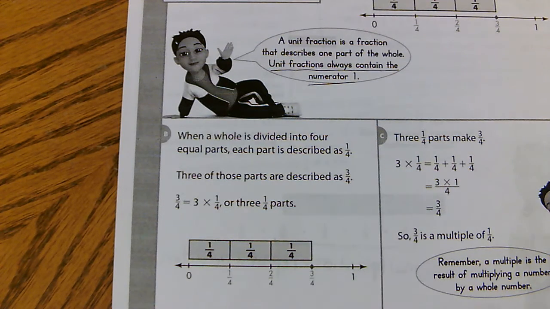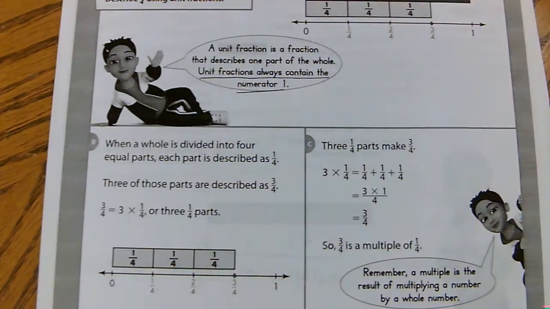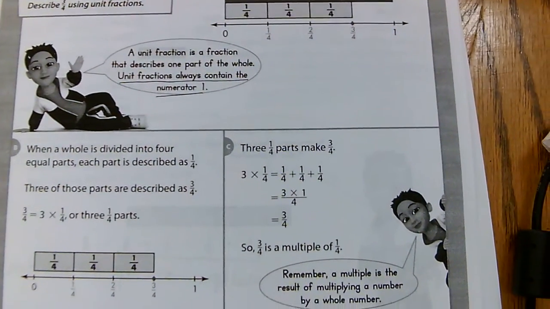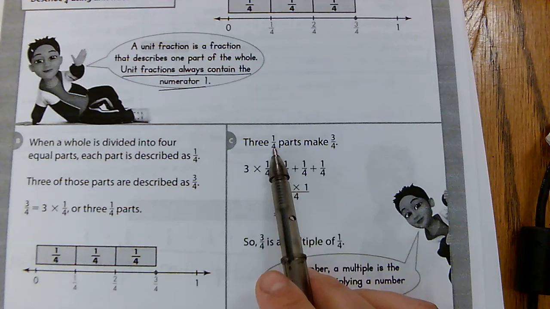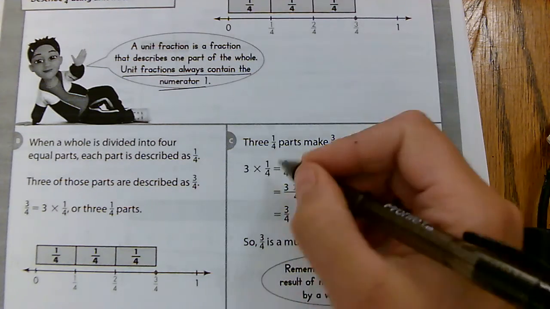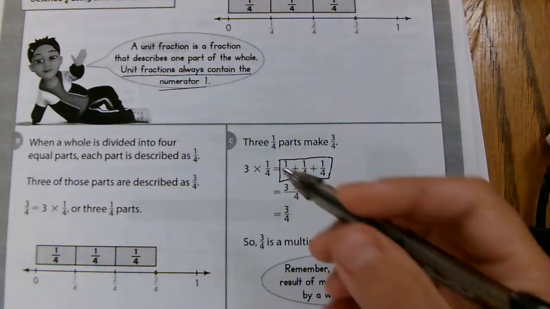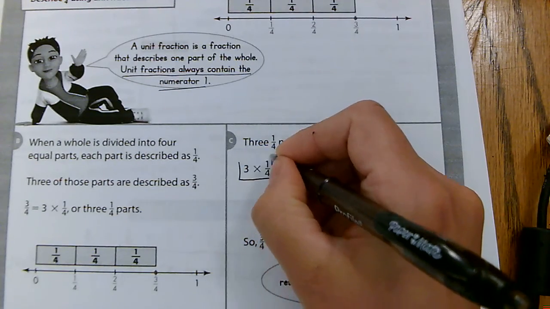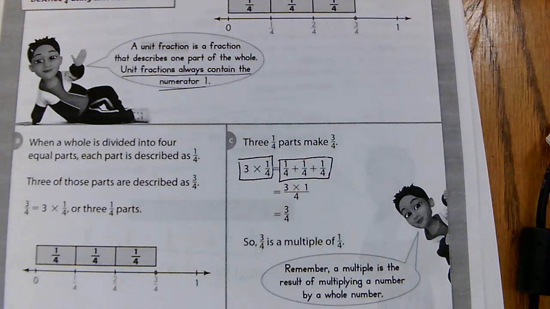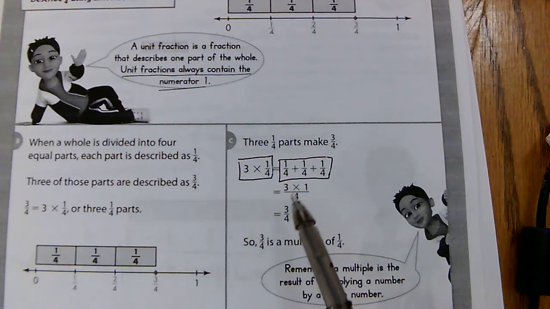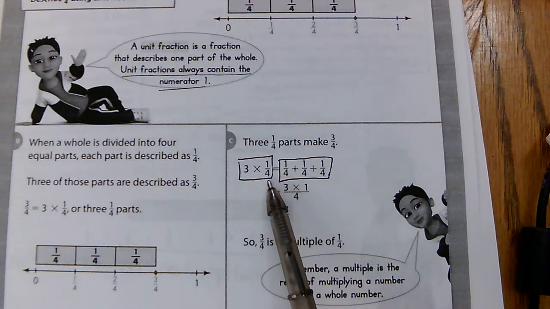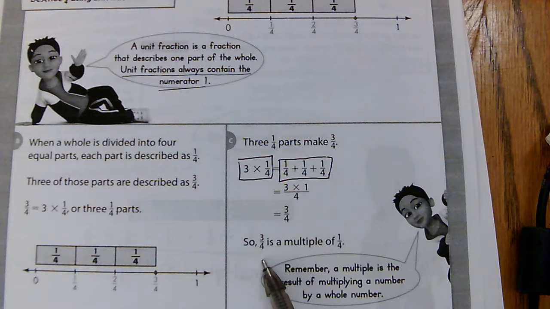All right, and if I take a look over here, 3 1/4 parts make 3/4. So I can add them up just like Mara did, or I can multiply them like Khalil did. So if I take 3 times 1/4, that gives me 3/4.